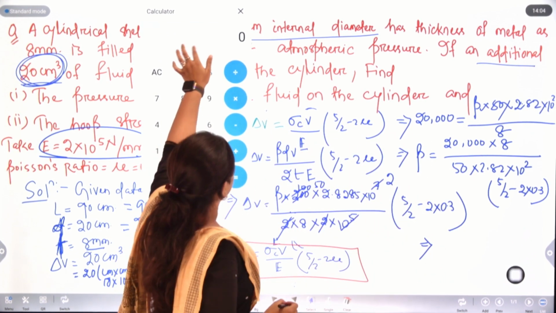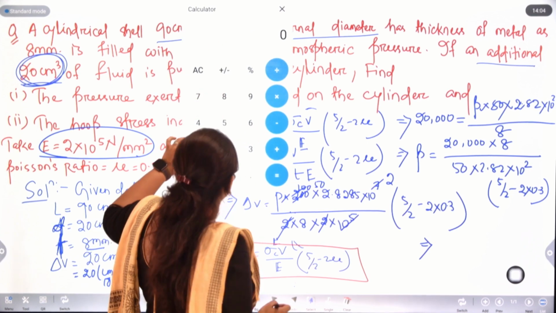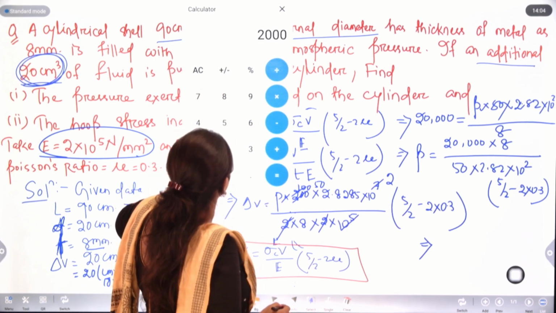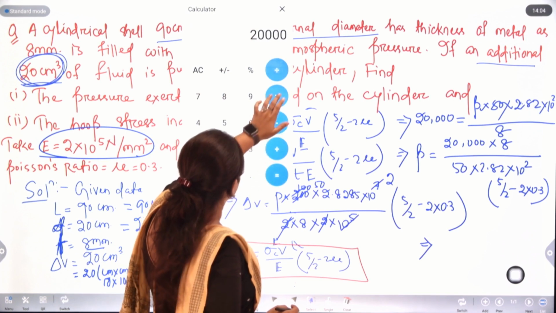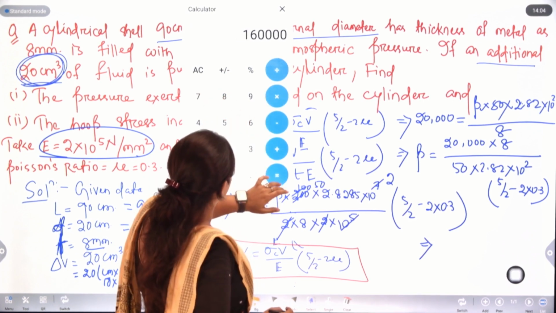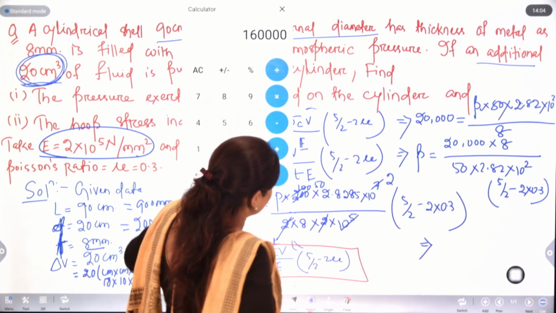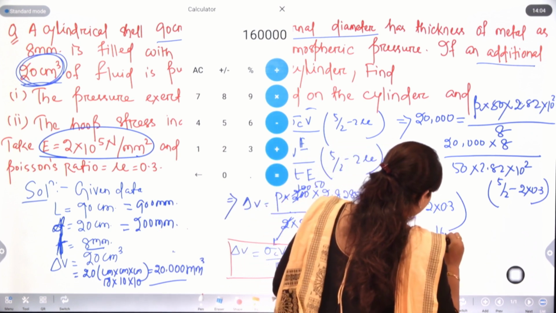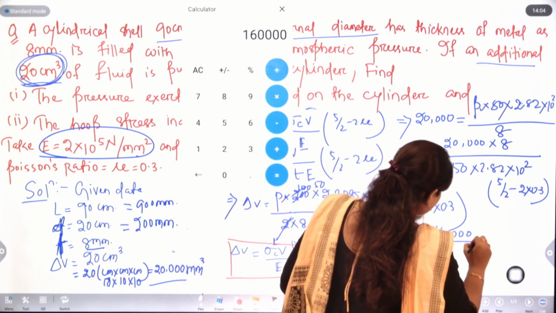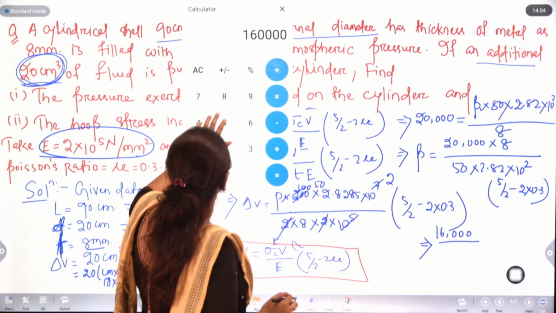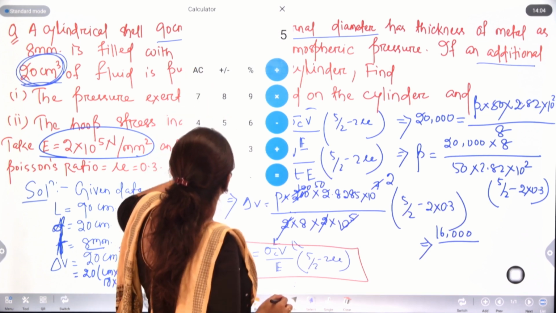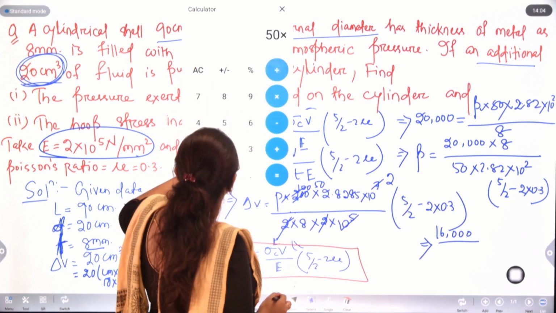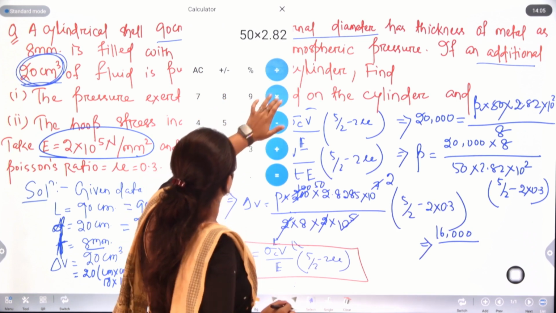This P value will be 1000 into 8,000. Okay, so you will write it that 16,000 upon 50 into 2.82 into 100.